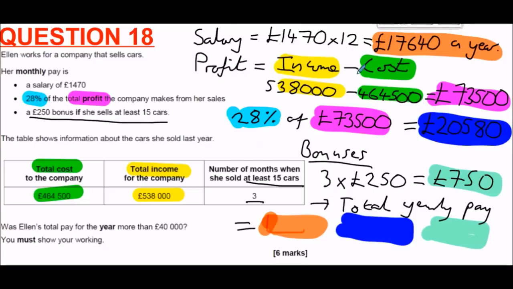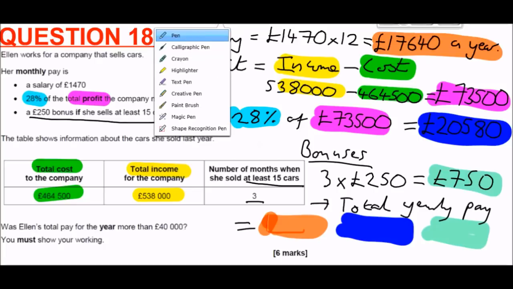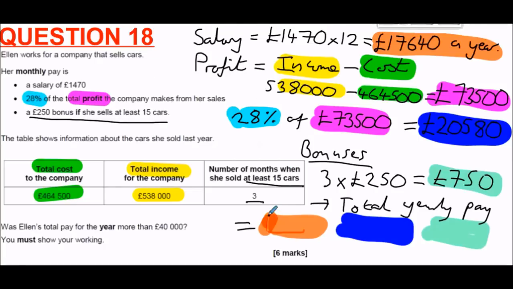So 17,640 plus 20,580 plus 750, and let's see about totals.